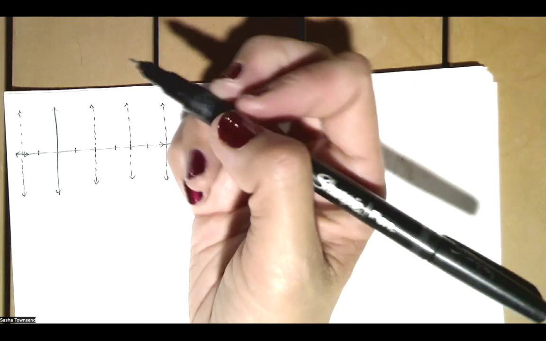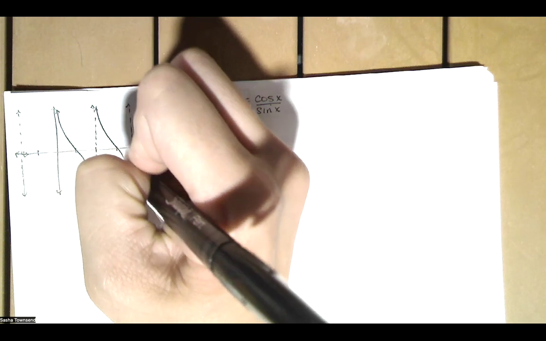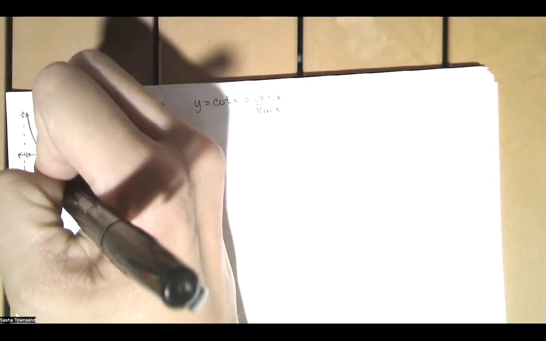Now, where tangent increases on its entire domain, cotangent always decreases. So it looks like this. And it repeats. Obviously, this does not pass the horizontal line test. It does not have an inverse as it stands.